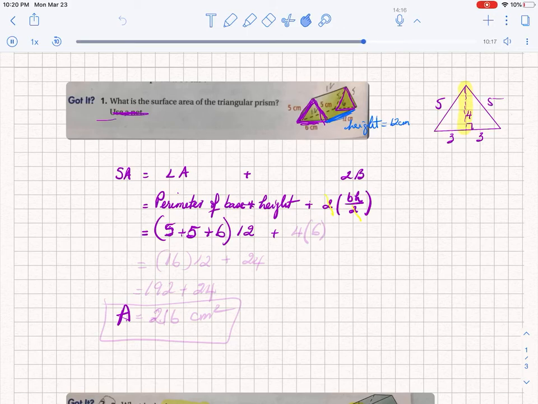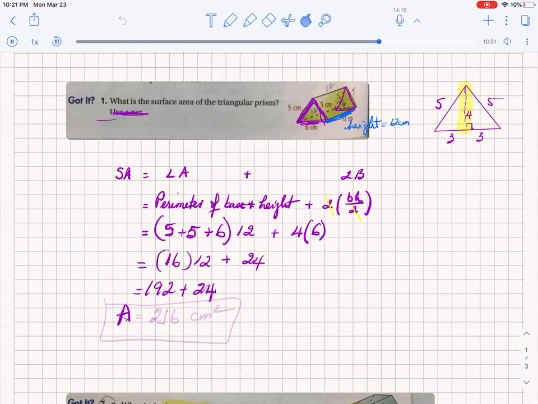And then the base and the height is 4 times 6. Okay, we should have 16 times 12 plus 24. 16 times 12 is going to be 192, plus 24.